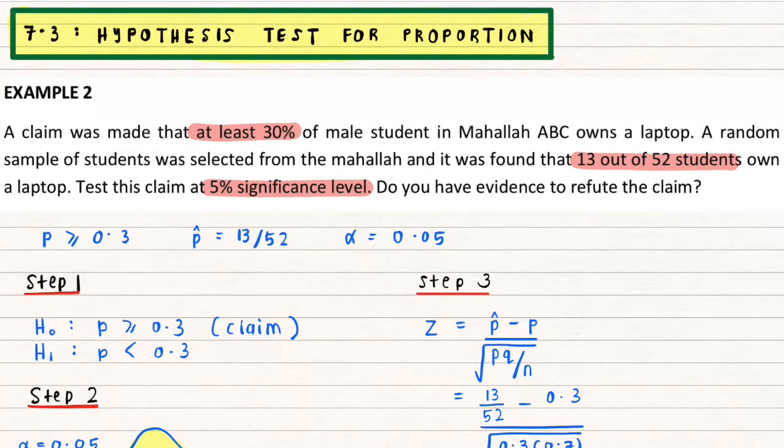Okay, always follow the 5 steps. The first step is stating the null and the alternative hypothesis, always referring back to the question. The question mentioned, do you have evidence to refute the claim? So what is your claim here? Your claim is in the first sentence, at least 30%. This is your claim after symbolized.